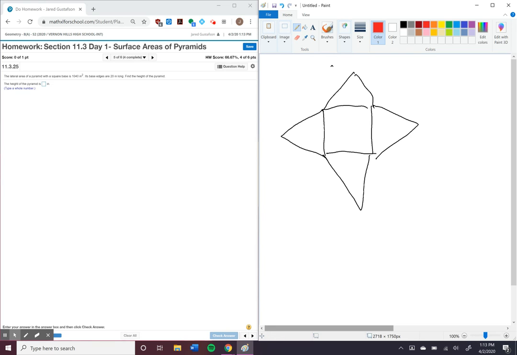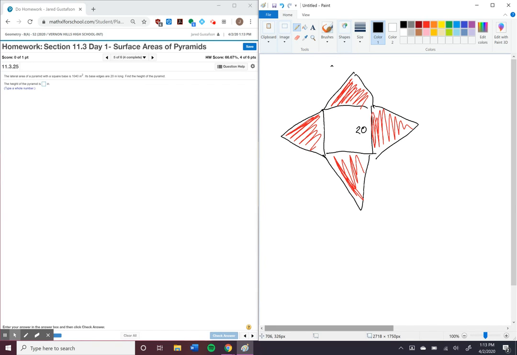Where's the lateral area? It's the area of all these triangles. The four triangles are all the same because of the regular base, and altogether they have an area of 1040. The base's edge is 20 inches long.